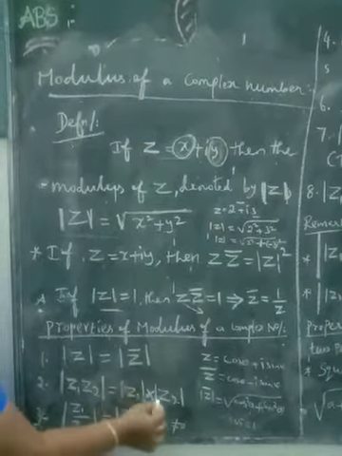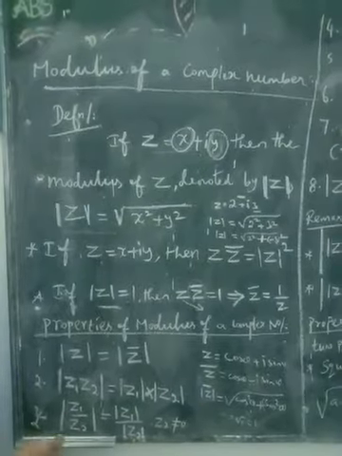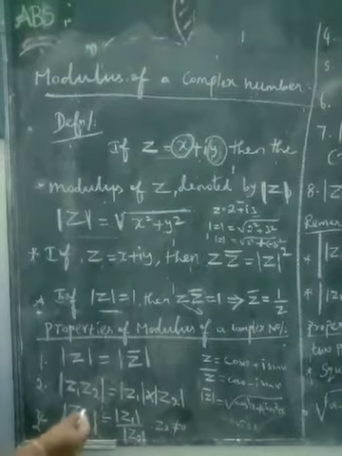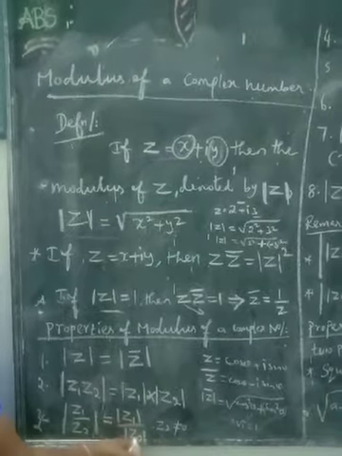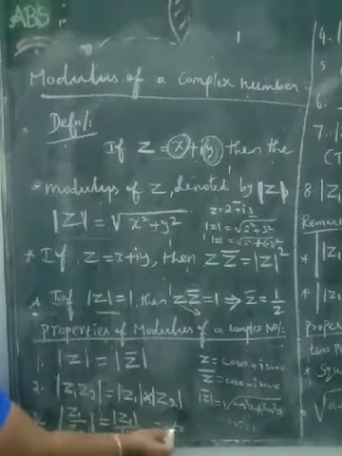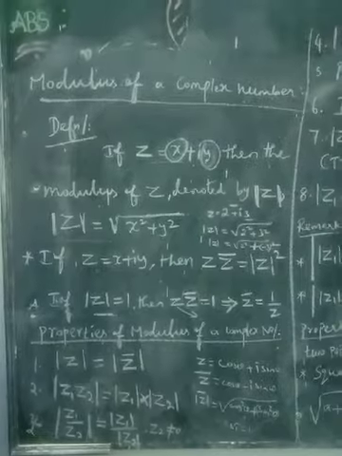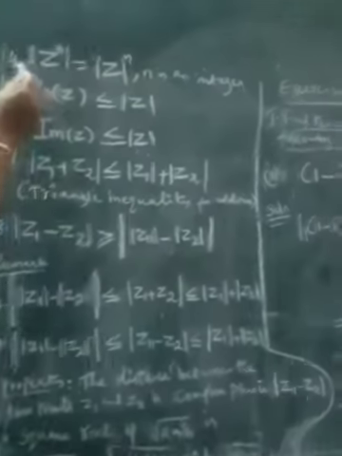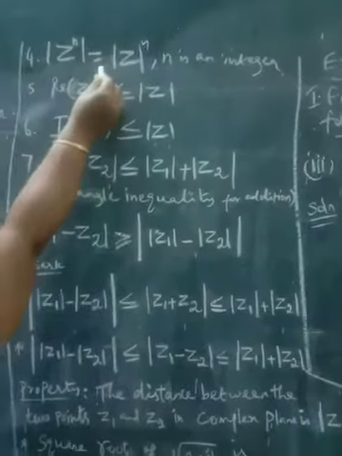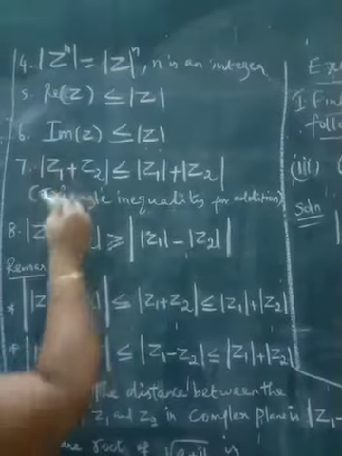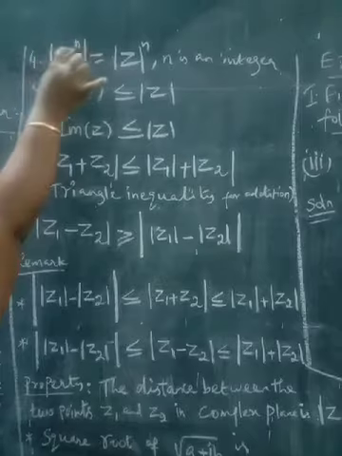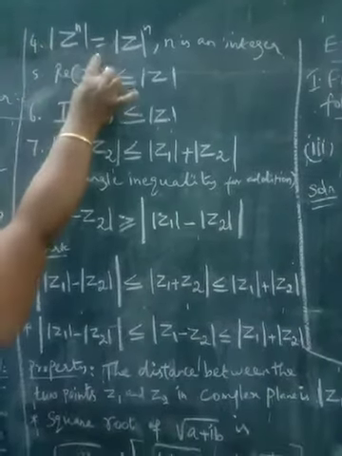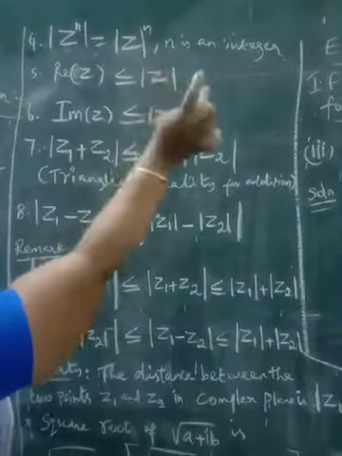Similarly, for division or quotient, mod of z1 by z2 is equal to mod z1 by mod z2, with the condition that z2 is not equal to 0. Then next, mod of z power n is equal to mod z the whole power n. This also you should note.